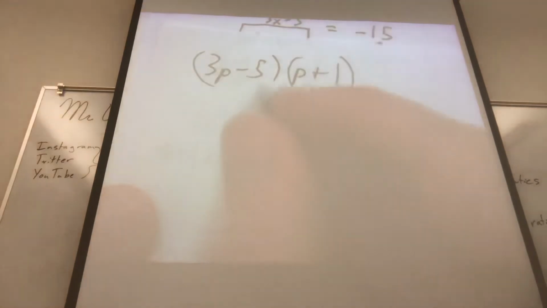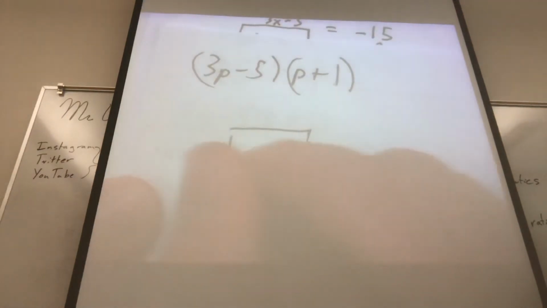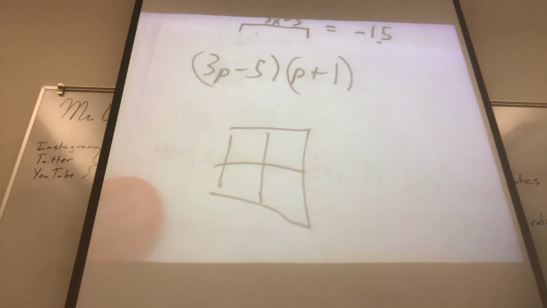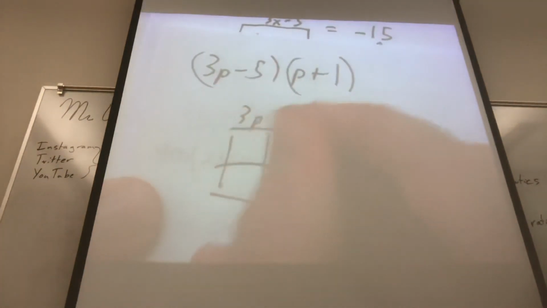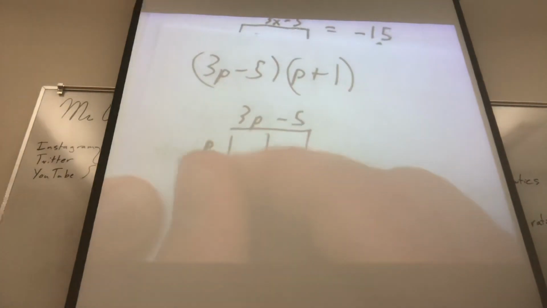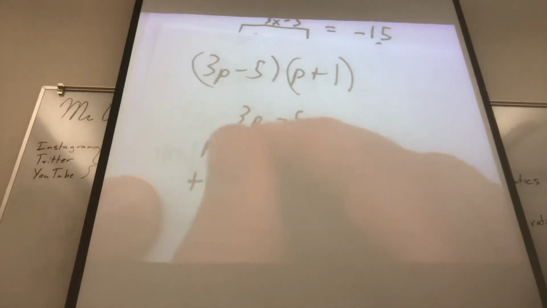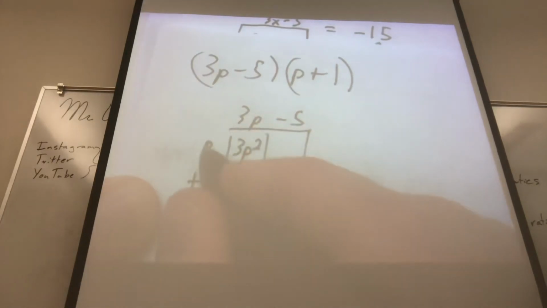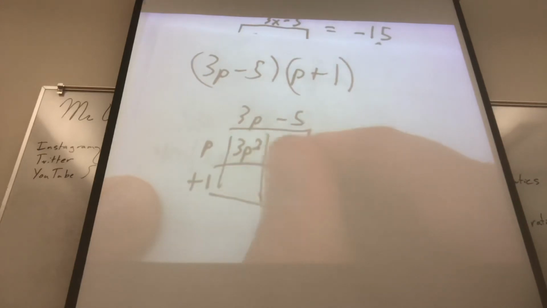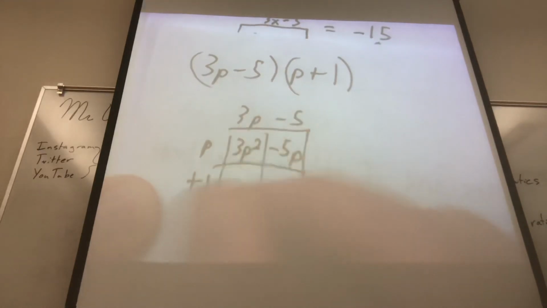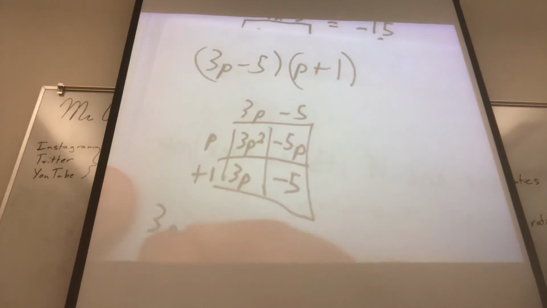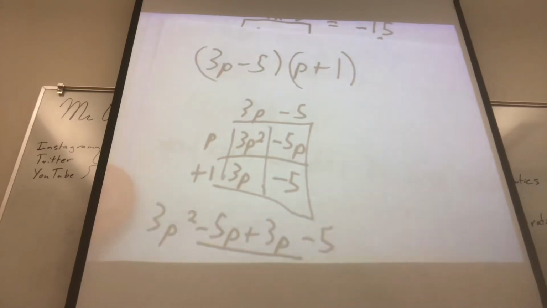What I'm going to do if I can't factor is draw my boxes and say, okay, here's A. 3p minus 5 times p plus 1. 3p times p is 3p squared. P times a negative 5 is a negative 5p. 3p times 1 is 3p. And then 1 times negative 5 is negative 5. I have 3p squared minus 5p plus 3p minus 5. These are like terms.